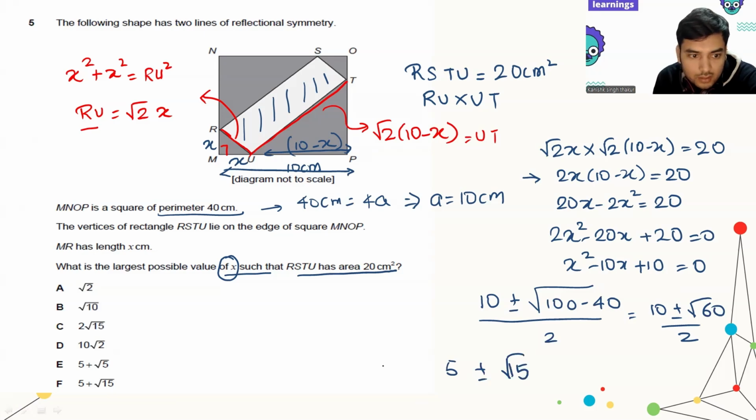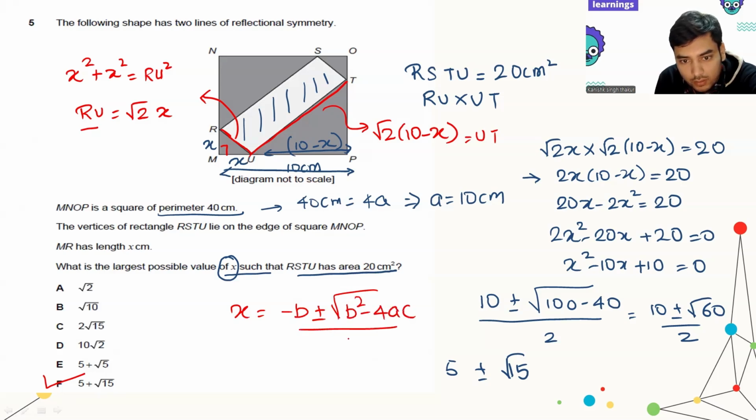But I have to take the largest value, so it would be 5 plus root 15, which is option F. That's it. I hope you guys have understood. The quadratic equation root formula is minus b plus or minus the square root of b squared minus 4ac, over 2a.